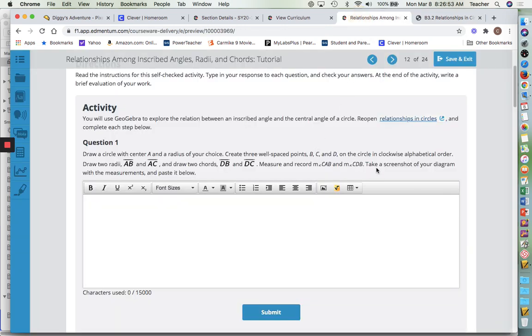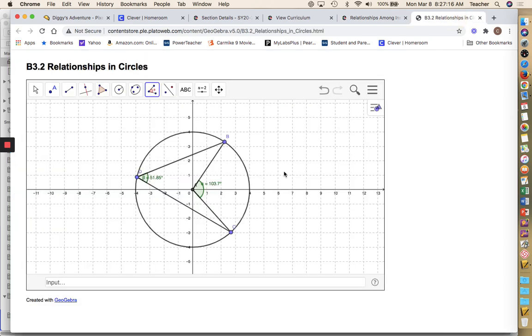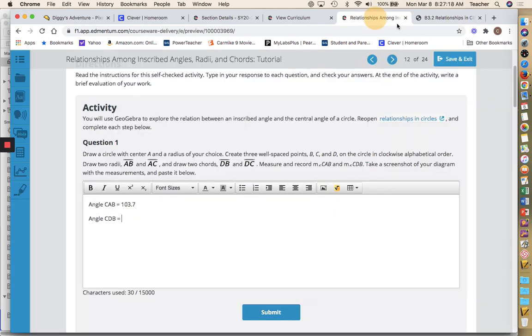All right, so let's see. I got to record those. So let me put this in. So angle CAB, that was 103.7. All right, and angle CDB, that is 51.85. All right.